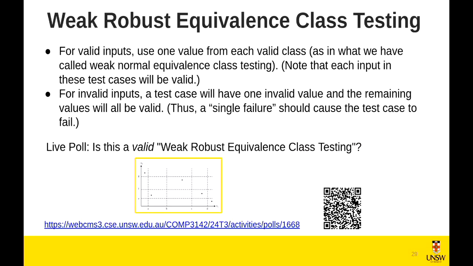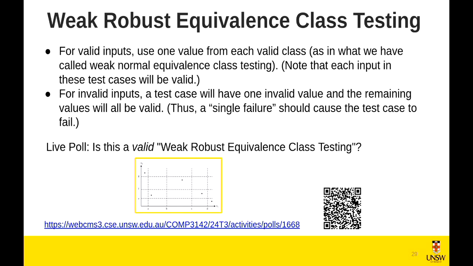And now let's continue to weak robust equivalence class testing. This term may sound counterintuitive, because how can a thing be both weak and robust? But actually the weak and robust here are not used to describe the testing technique itself. The weak here means it has the assumption of single fault.